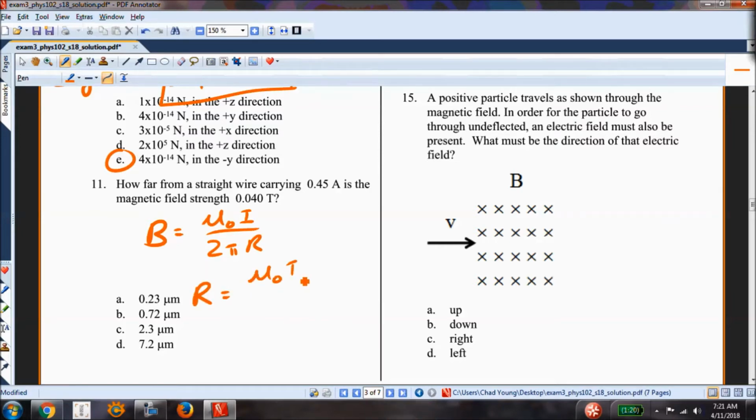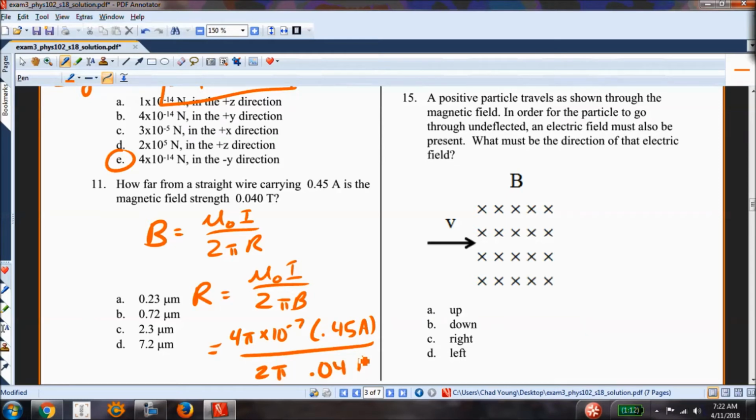So r is mu naught I over 2 pi B. Now I put in my values: 4 pi times 10 to the minus 7, I have 0.45 amps divided by 2 pi, and B is 0.04 Tesla. The pi's cancel. I get rid of that 2. So I'm looking at 0.9 times 10 to the minus 7 divided by 0.04.